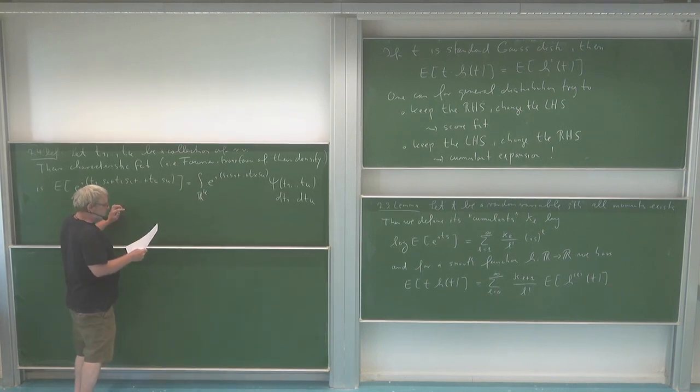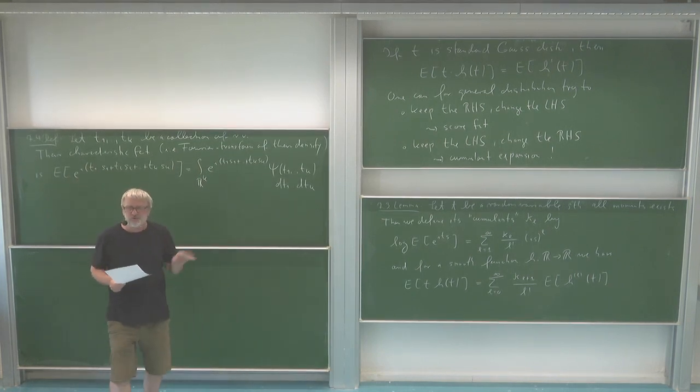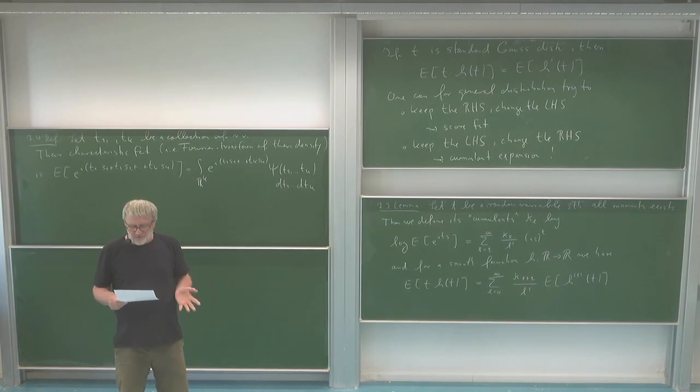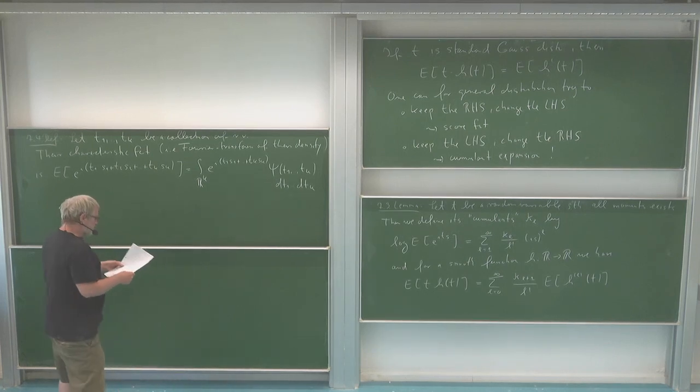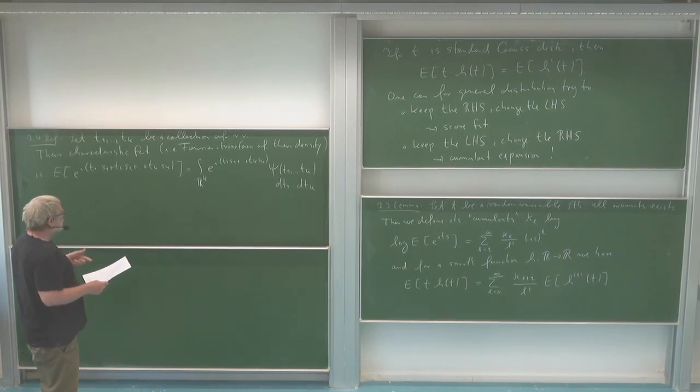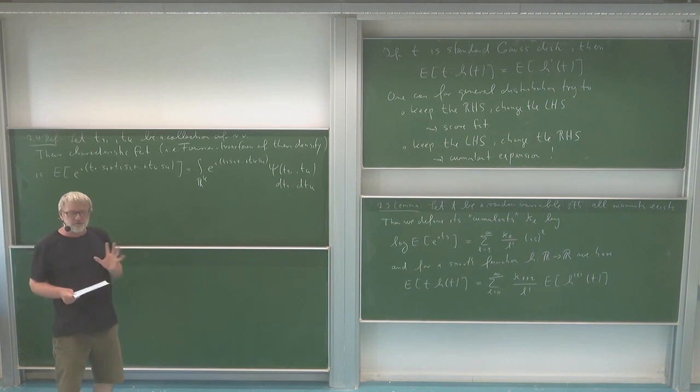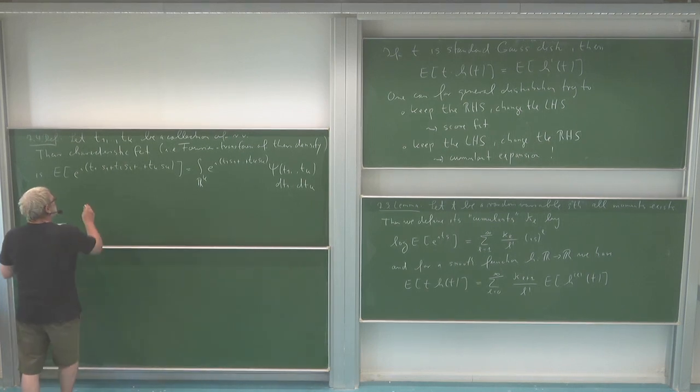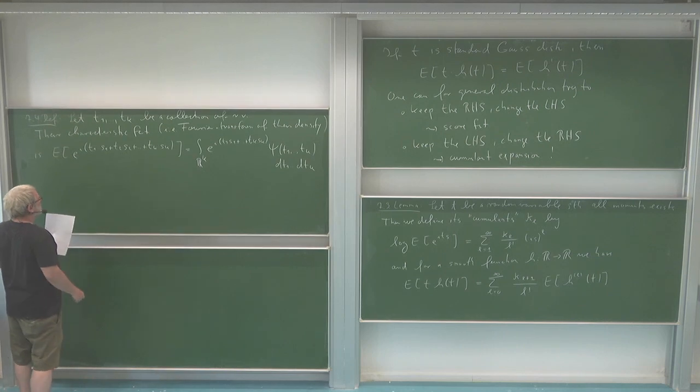Okay, so that's the characteristic function. I mean, that's standard, of course. That's the characteristic function, the Fourier transform. But now the interesting thing we want is the logarithm of this. And then the coefficients in the power series expansion of this are called cumulants. So these here are the characteristic functions.